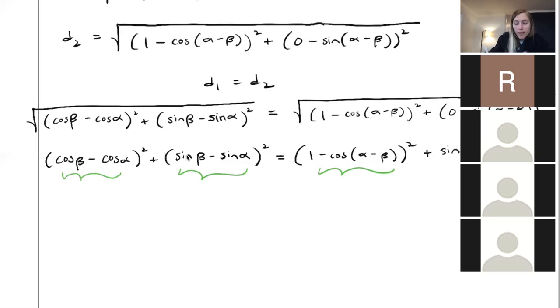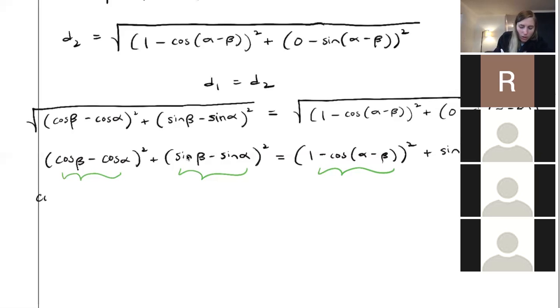And remember, that first cosine beta minus cosine alpha, all squared, is not cosine squared beta minus cosine squared alpha. If you do something like that on a test, I'll give you a big fat 0. That is cosine beta minus cosine alpha times cosine beta minus cosine alpha. So you have to think about the distributive property.